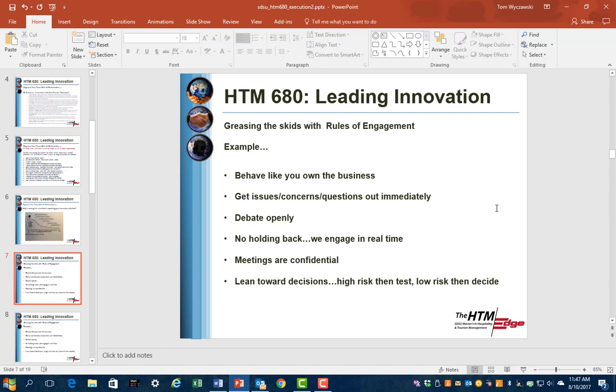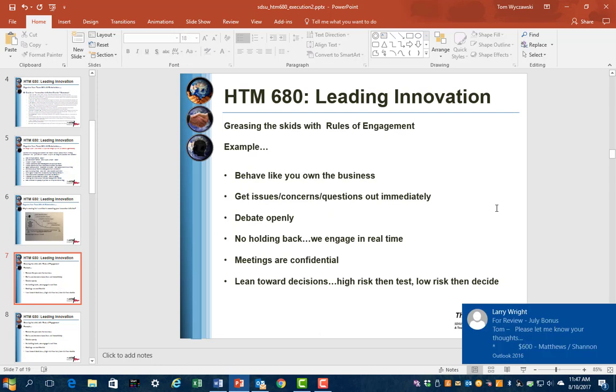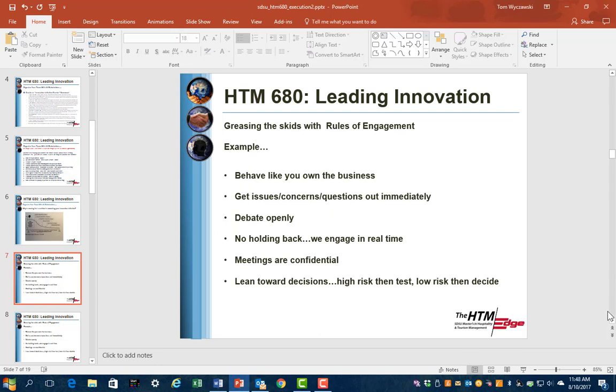One final little technique to grease the skids of these meetings is to make sure you have clear rules of engagement. For example, behave like you own the business. Get issues, concerns out immediately. Debate openly. No holding back. Engage in real time. Meetings should be confidential.